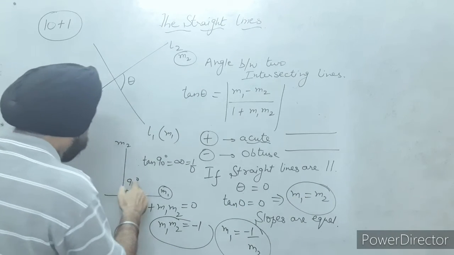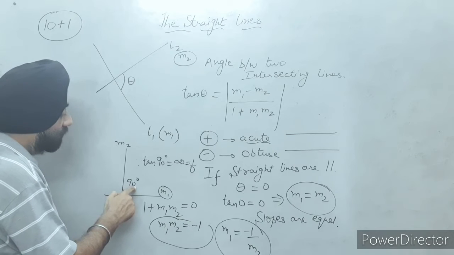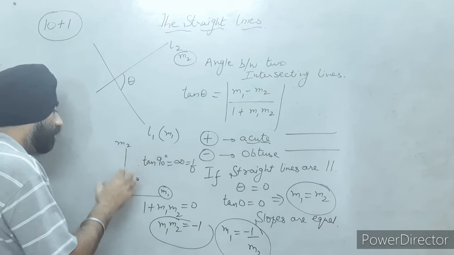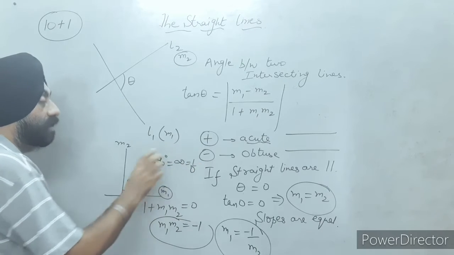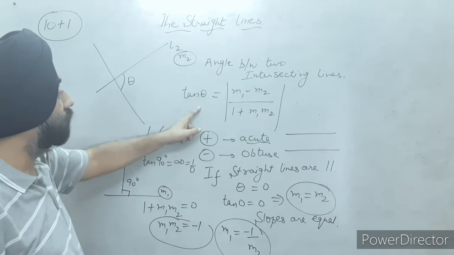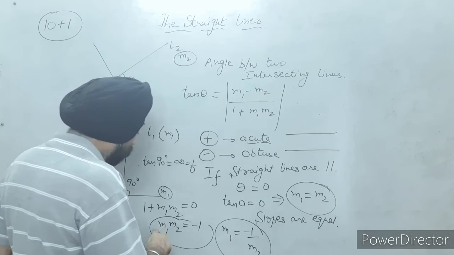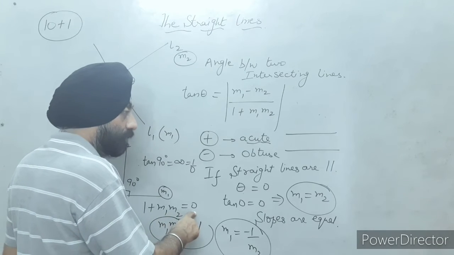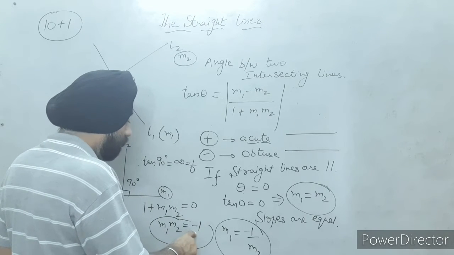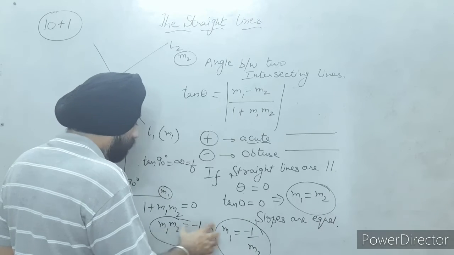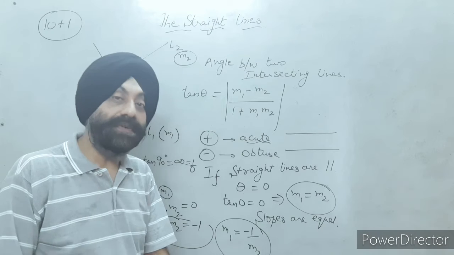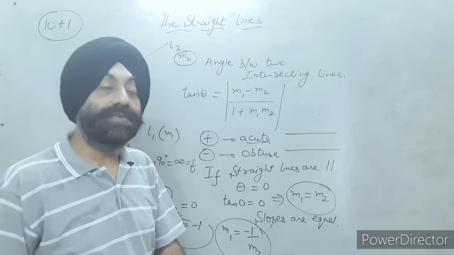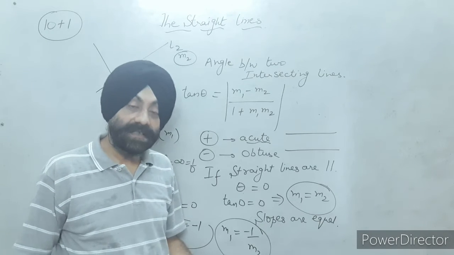Now if the lines are perpendicular, that is theta is 90 degrees, tan of 90 degrees is not defined, that is infinity. Infinity can be written as 1 by 0. From there I get 1 plus m1 m2 equals 0. m1 m2 is minus 1, or m1 is the negative reciprocal of m2. That means the slope of one line is the negative reciprocal of the slope of the other line.